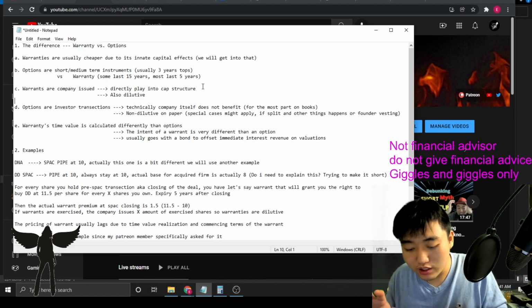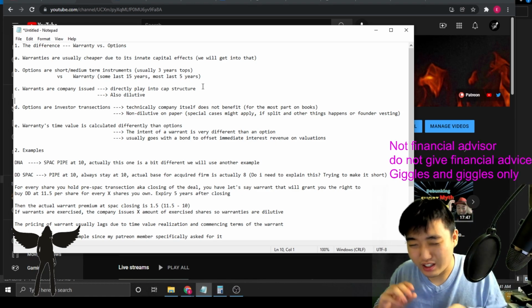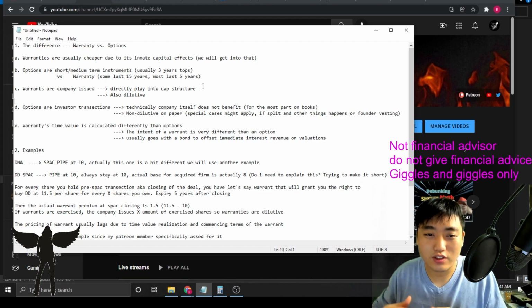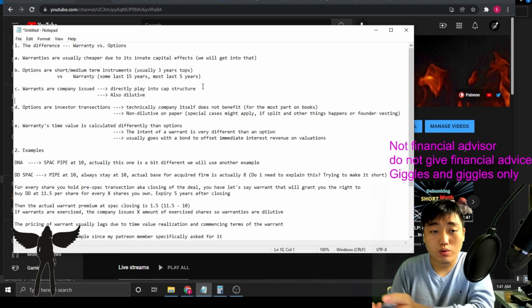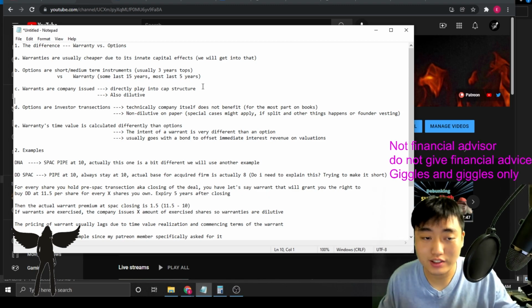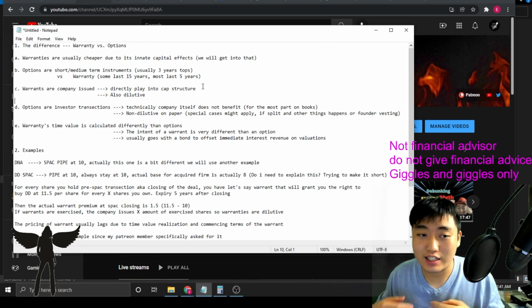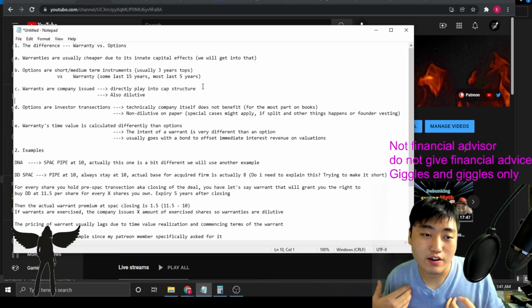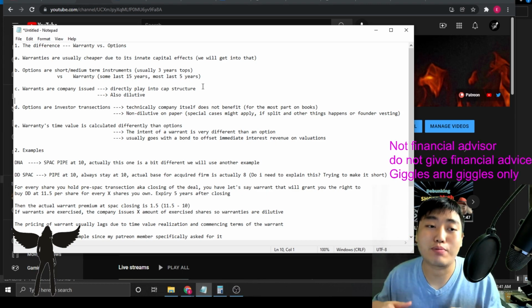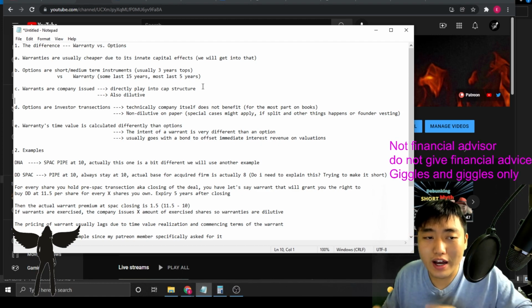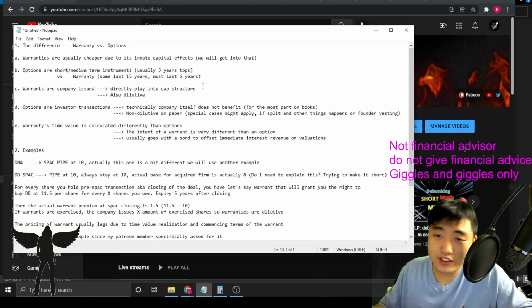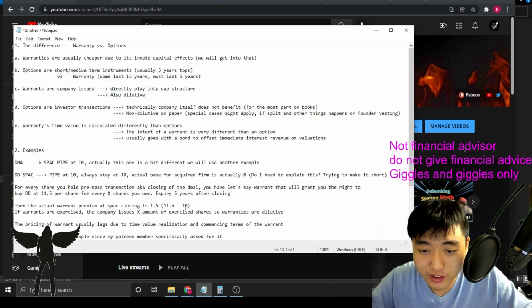So here is the more fundamental difference in terms of how cap structure will work out with warranties versus options. Warranties are company issued, right? It's a company-specific right that they issue to investors, and then you buy it, and you sort of raise capital directly for the company. We're going to talk about a specific example later on.